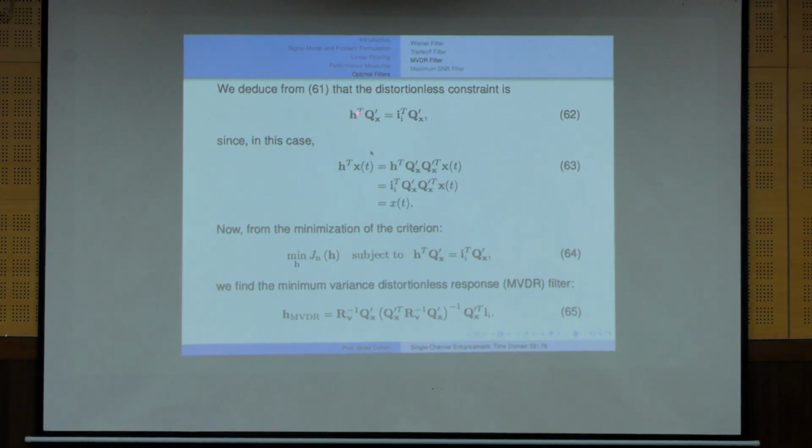Here, instead of applying it to any signal X, we apply it only to P eigenvectors. If I write it in matrix form, actually we have P equations. It means that if we apply H to any eigenvector from 1 to P, it is distortionless and remains the same. Okay?